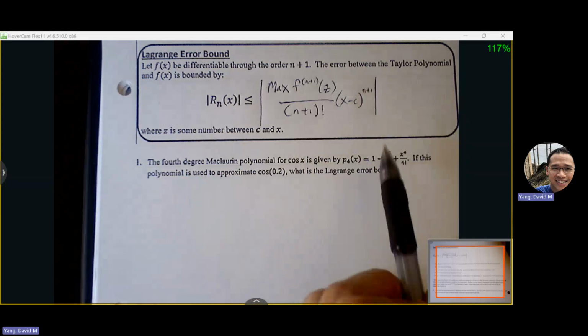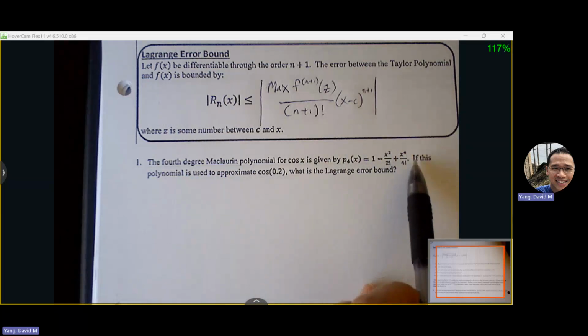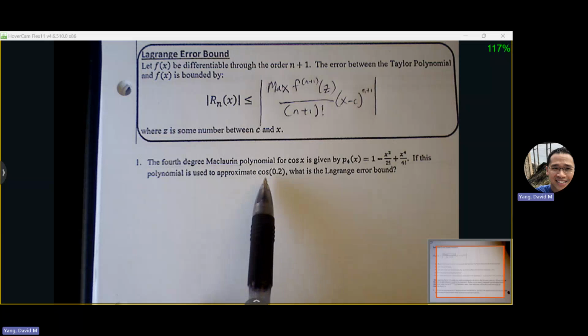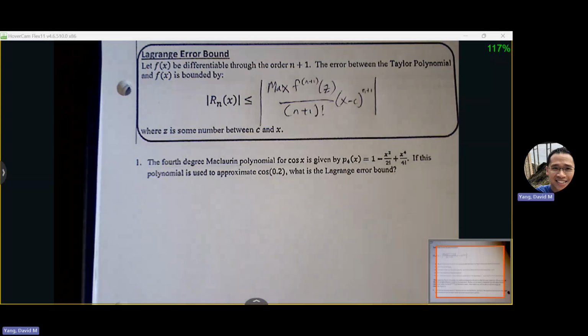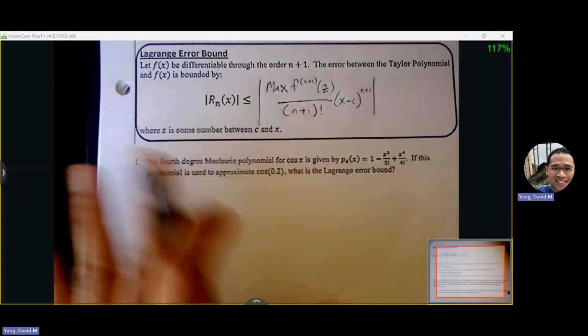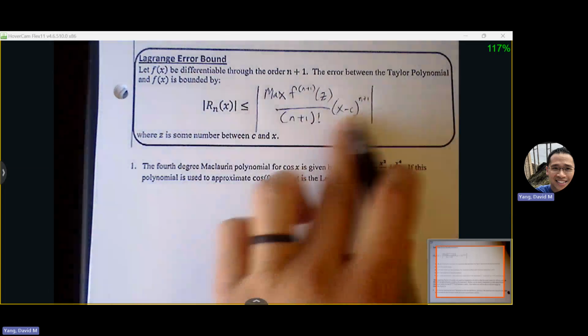So this is a fourth degree polynomial because the highest degree here is 4. If this polynomial is used to approximate cosine of 0.2, what is the Lagrange error bound? So let's identify all the pieces that we need to plug in.